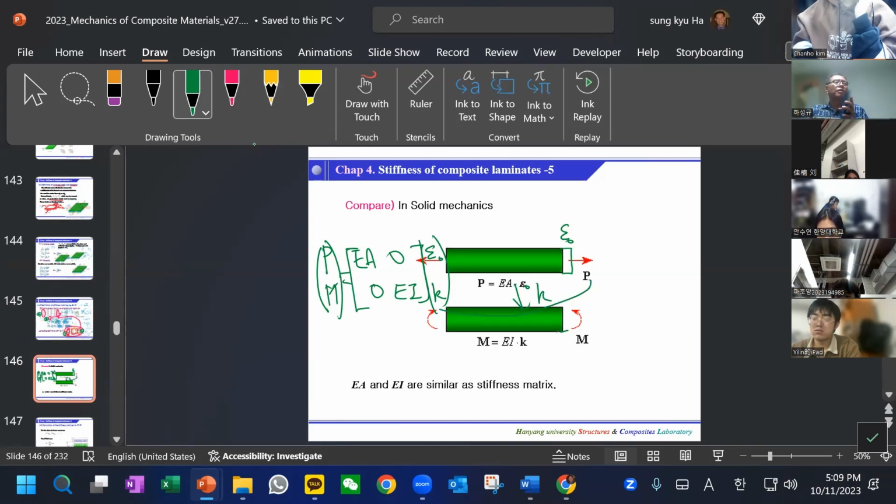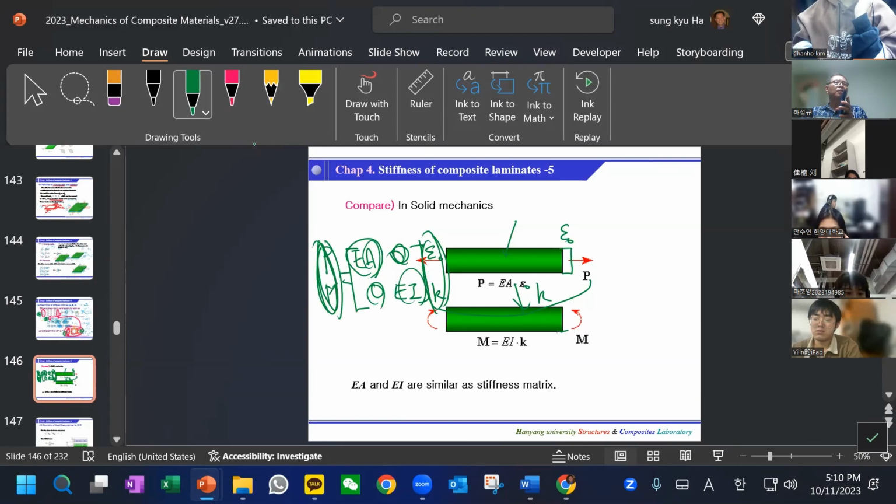So from here, this is the load we apply. We can have epsilon 0 and curvature, how much the strain and curvature. And to calculate this one, we need to know this material and the sequence. And there can be some other term here.